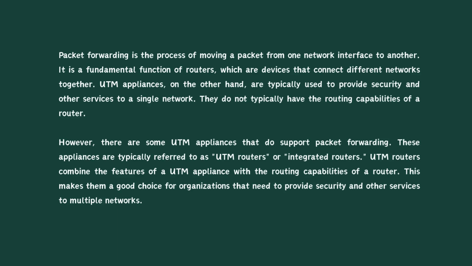However, there are some UTM appliances that do support packet forwarding. These appliances are typically referred to as UTM routers or integrated routers. UTM routers combine the features of a UTM appliance with the routing capabilities of a router. This makes them a good choice for organizations that need to provide security and other services to multiple networks.